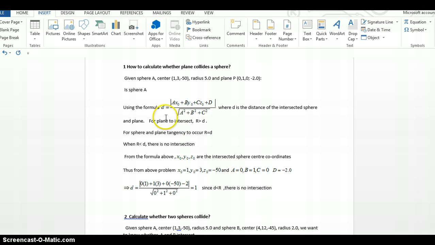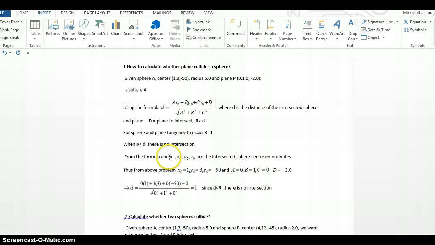But when d is equal to the radius rho of the sphere, it shows that there is tangency, that is, the plane only touched the sphere, it did not intersect. But when rho is less than d, then there is no intersection. But in this problem, we try to substitute the various values that we have into this equation.